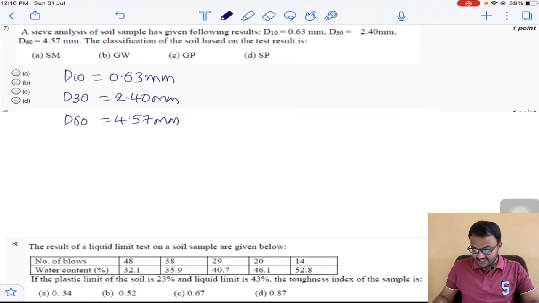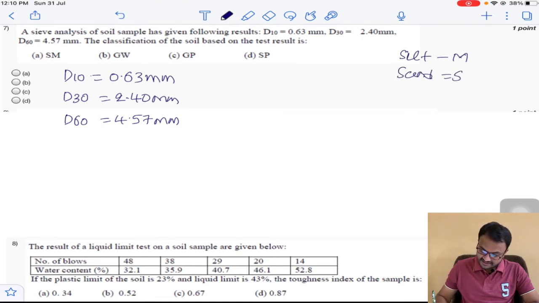The classification of the soil based on the result, he has asked what type of soil it is. SM means silty sand. Silt symbol is M and sand symbol is S. Gravel symbol is G, and here he has attached P to some of the options.